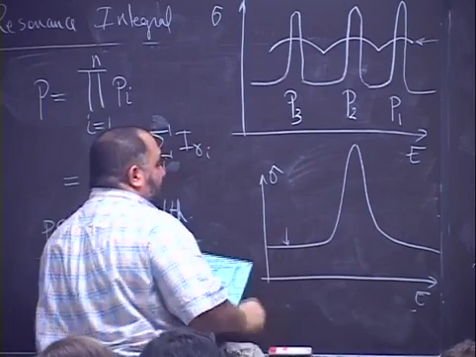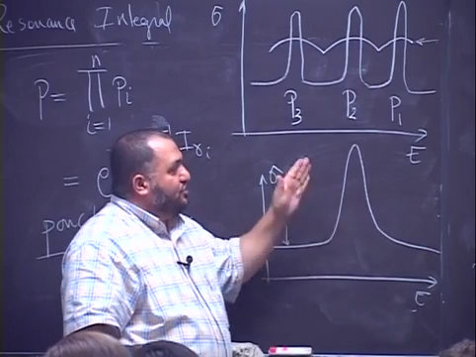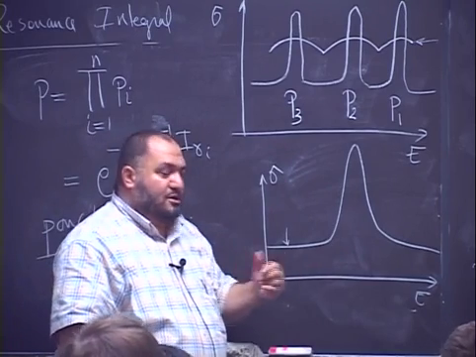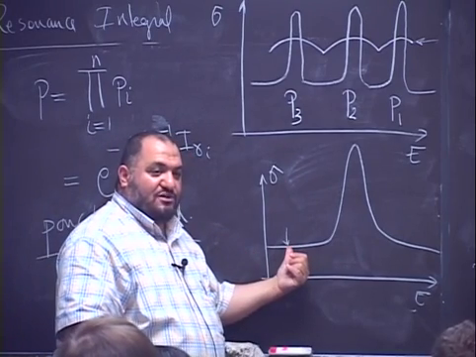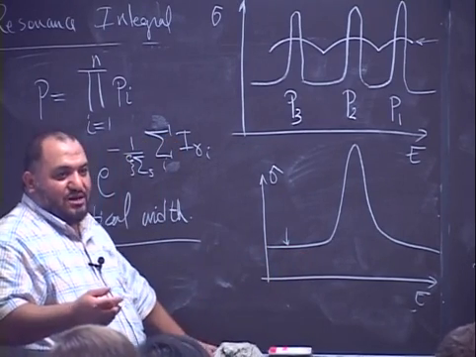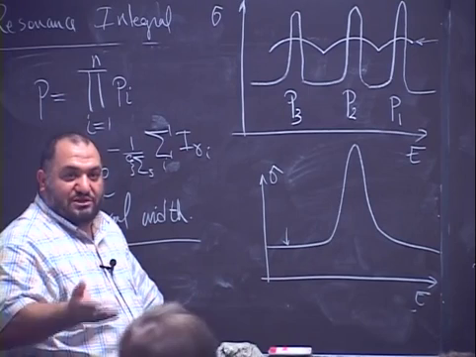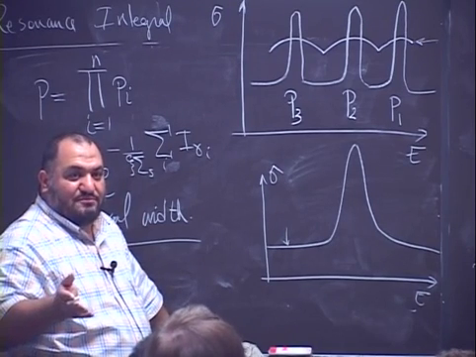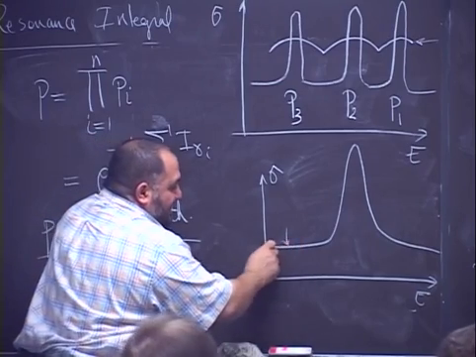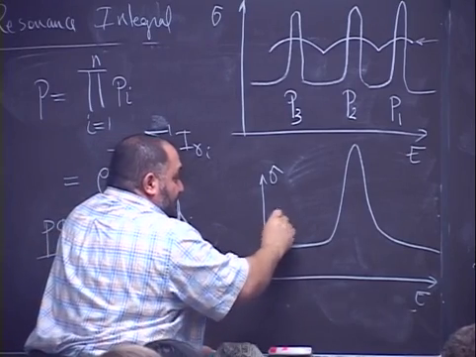When I showed you the formula for the cross section as a function of energy and temperature for scattering, I told you that it has three components. One is constant, which is 4 pi r squared, and r is the nuclei radius. If you give me a certain isotope, I will tell you the radius is constant. So 4 pi r squared is constant. So the cross section has some constant value, and this is far away from resonance. This is the constant value given by 4 pi r squared.